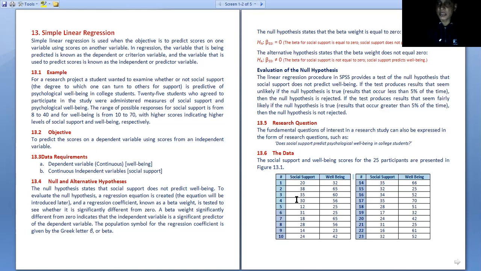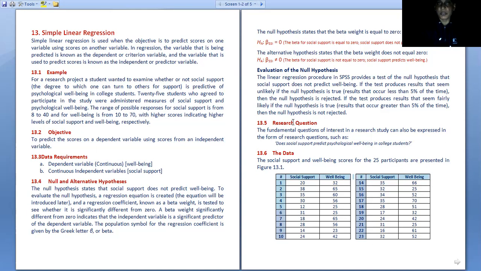A research question, which is fundamental to understanding what the problem basically is and what has to be answered here for the case of social support and psychological well-being, is: does social support predict psychological well-being among college students? So that becomes our research question. And now we are using the data given here on 25 students, where the data has been collected on social support and well-being for analysis.